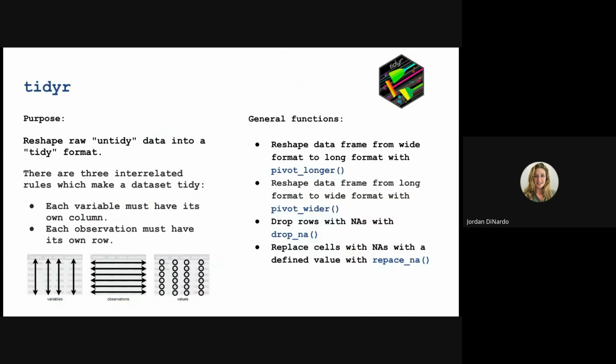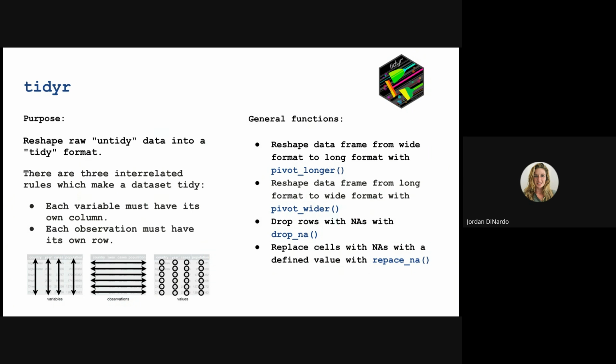Okay, so the next package that we're going to work through is tidyr, and this helps to reshape. It does a lot of things, but really it's just reshaping untidy data into more tidy, in air quotes, data. There are 3 interrelated rules which make a data set tidy.